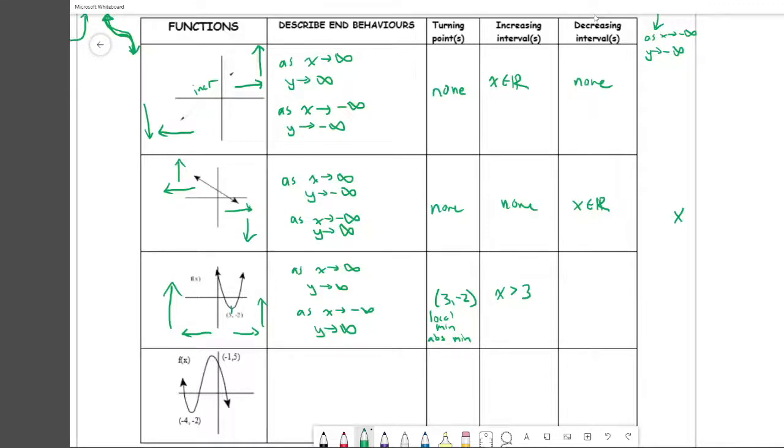And I want to say it's decreasing when x is less than 3. Right? It would be over here, it would be decreasing. Notice at x equals 3, it is neither increasing nor decreasing, rather it is flat at this particular point, right? It is flat at the exact minimum. It would have a flat tangent at that point, okay?